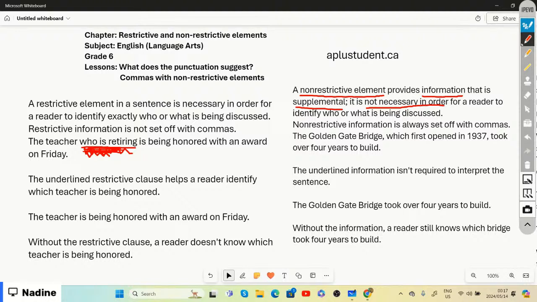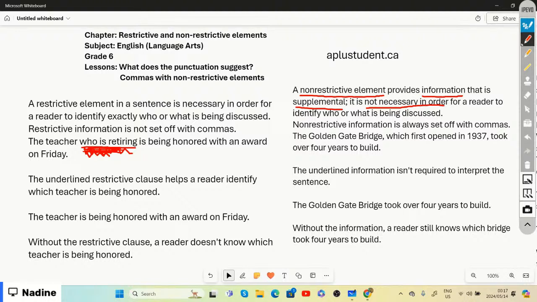Then we have non-restrictive elements, right? And a non-restrictive element provides information that is supplemental, meaning that it is not necessary in order for a reader to identify who or what is being discussed.